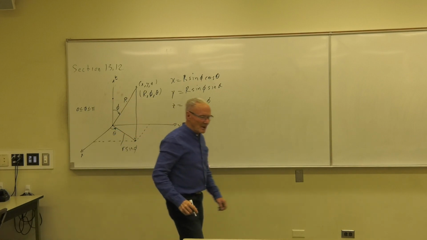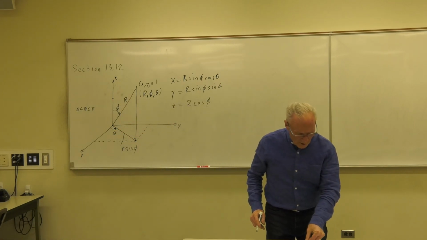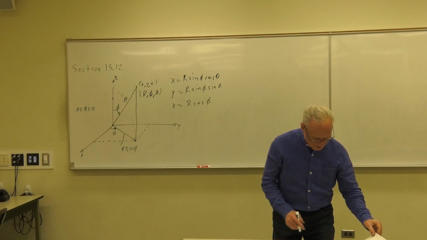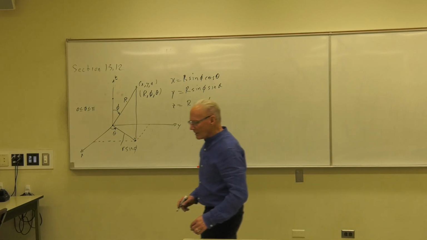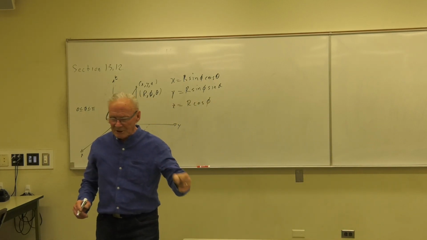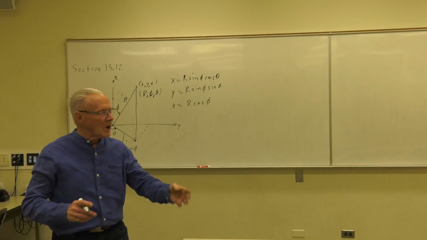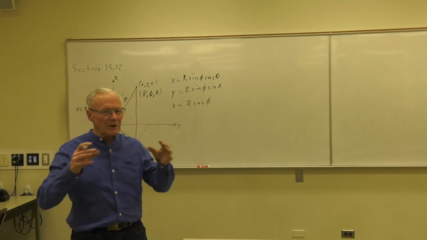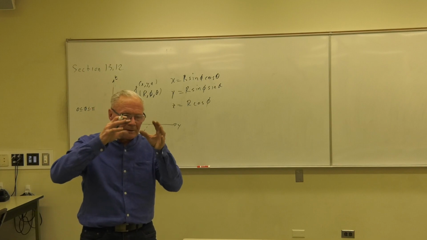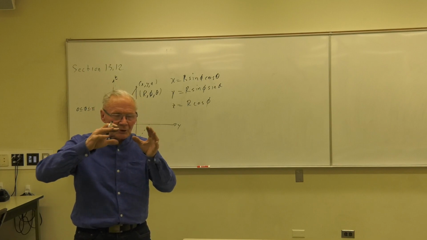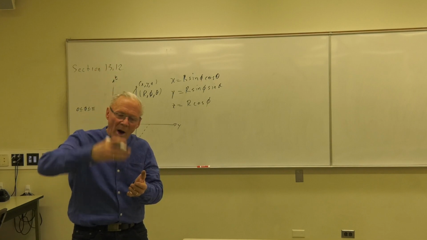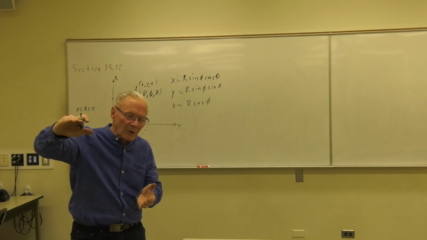phi. All right. What we want to do is talk about evaluating triple iterated integrals using spherical coordinates. Now remember what we did for Cartesian and what we did for cylindrical. We're going to have to do the same thing for spherical. In Cartesian, we divided the volume into little boxes by drawing x equal constant planes, y equal constant planes, and z equal constant planes.